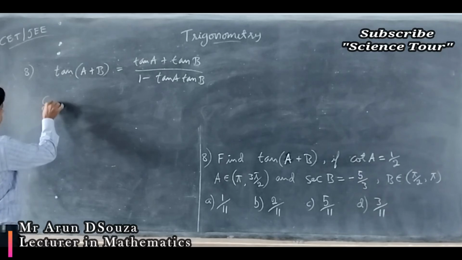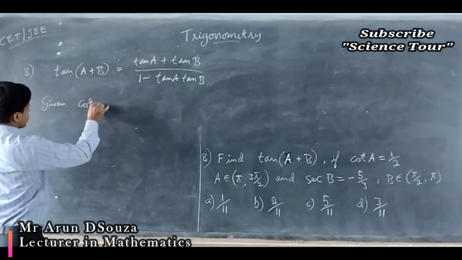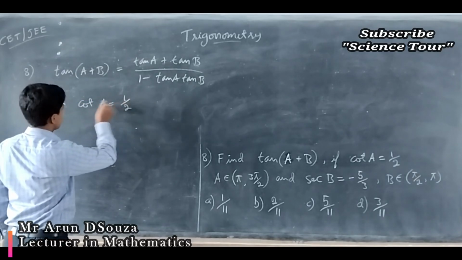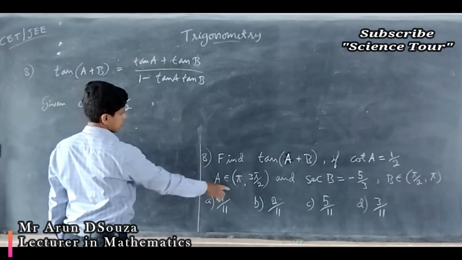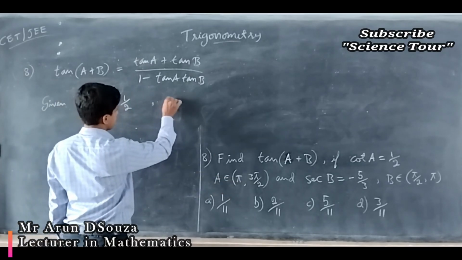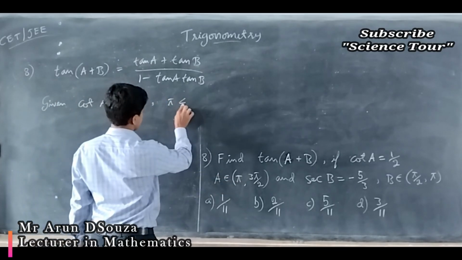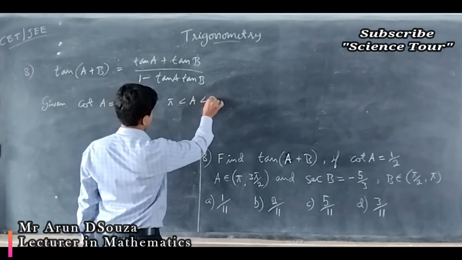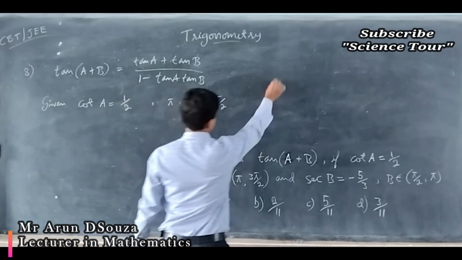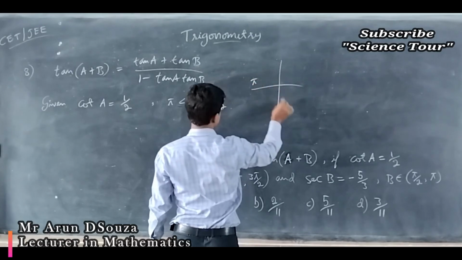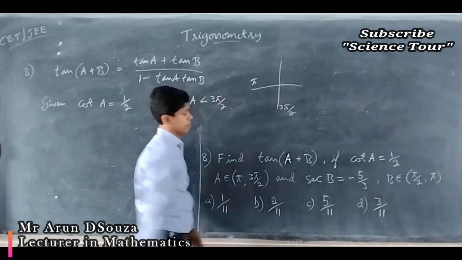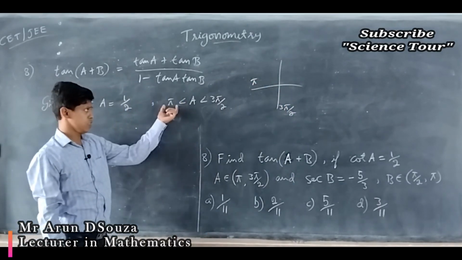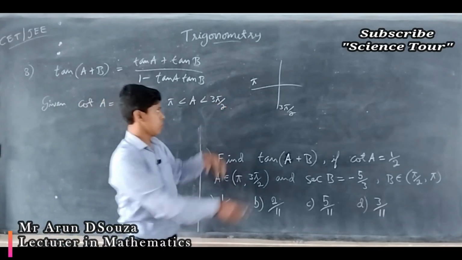So given cot A is equal to half, and A is in between, which quadrant is it? 180 to 270. Okay, so pi and 3 pi by 2, third quadrant.